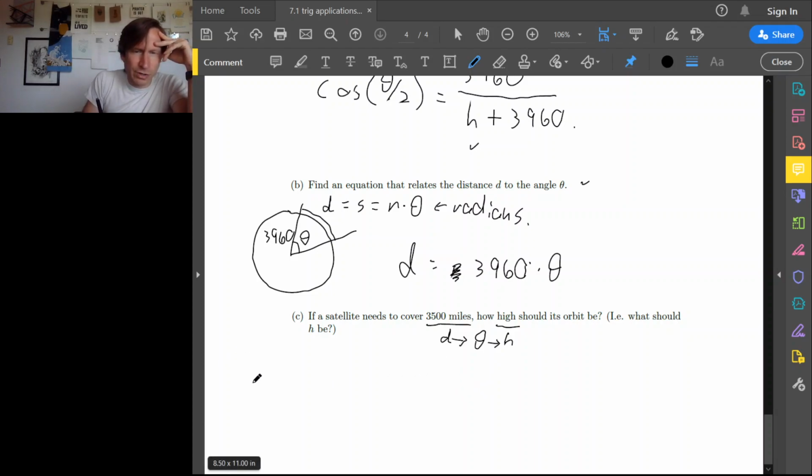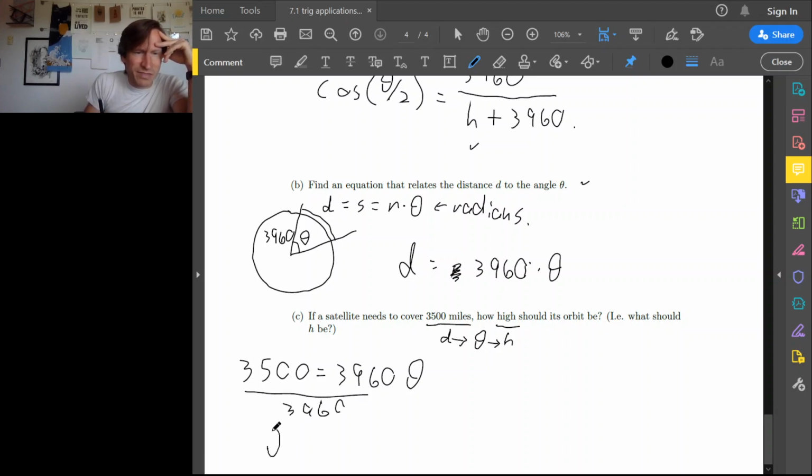Okay, so d is 3,960 times theta. D is 3,500 miles, so that's 3,960 times theta. Then we can just divide everything by 3,960 and we'll have theta.